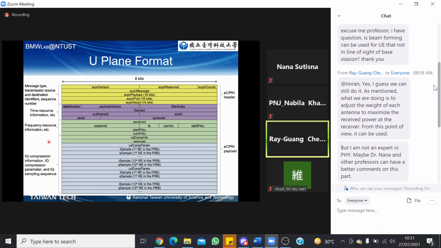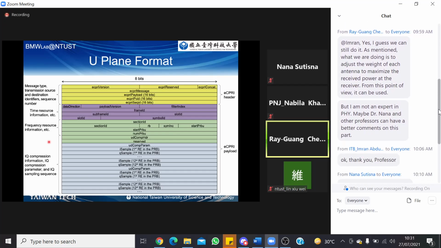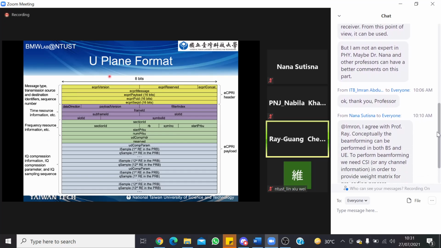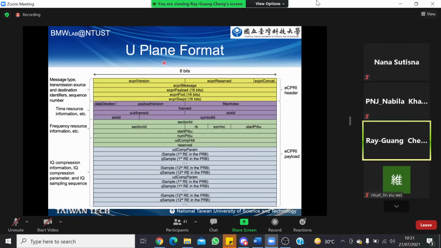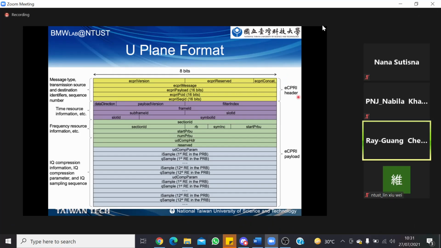This video shows the user plane format. Means the user plane format, if you have the chance to check the IP packet, actually this is like an IP packet. You will have header, you will have payload.